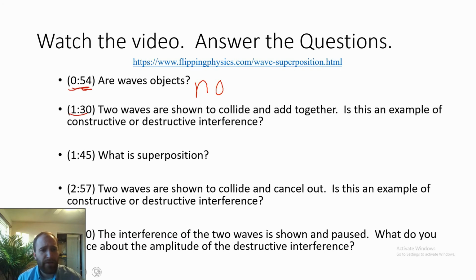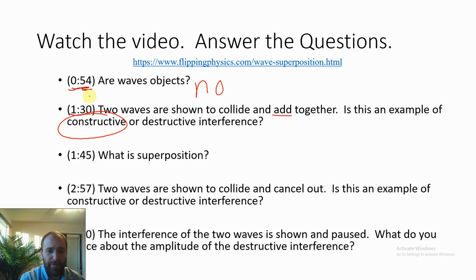At the 1:30 mark, two waves are shown to collide and add together. When they add together, this is an example of constructive interference. So again, I gave you the definition, but he gives you a nice example of it. It's nicely illustrated. What is superposition?